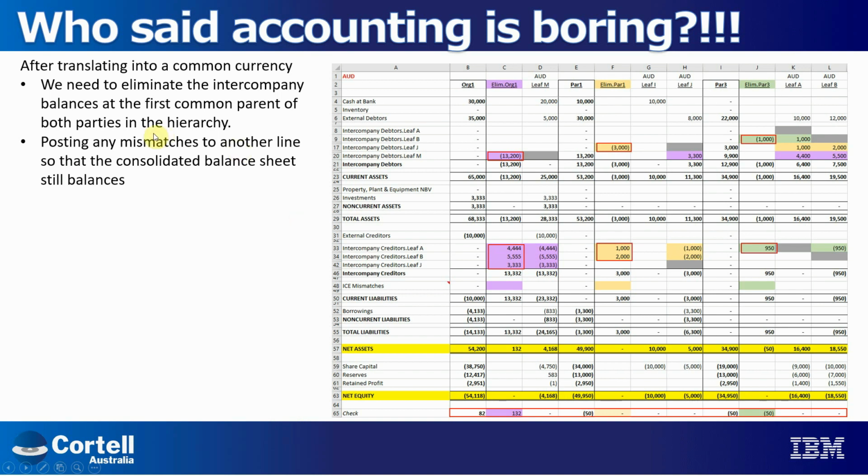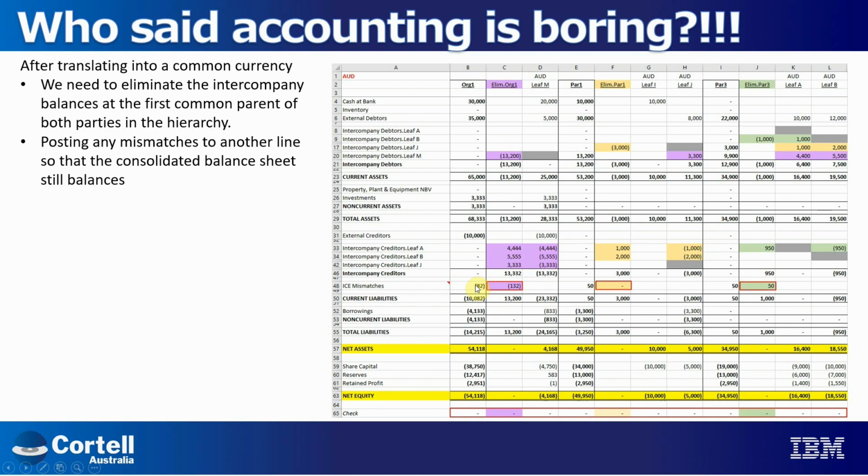So we can post any mismatches to another line, so the consolidated balance sheet still balances. So here, intercompany elimination mismatches, we're putting in a credit of 132 to get rid of that mismatch, and a debit of 50 to get rid of that mismatch. And now we have a balanced balance sheet.